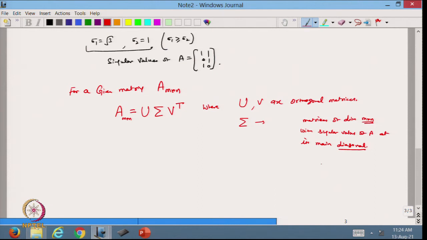So, suppose I have a matrix like this one, and suppose I have this matrix. So, it is 4 cross 2. So, the main diagonal elements will be this one, or maybe suppose I have another matrix of this form.